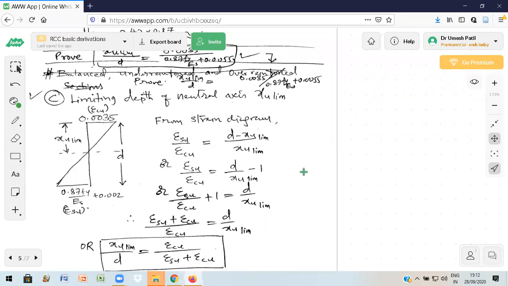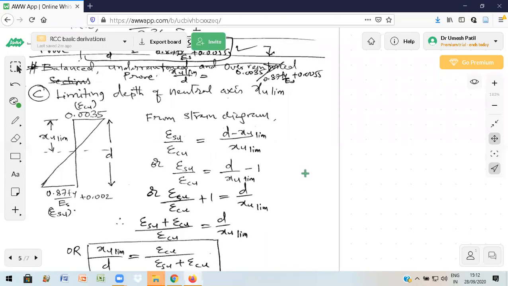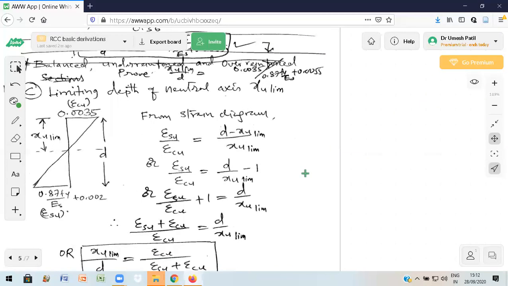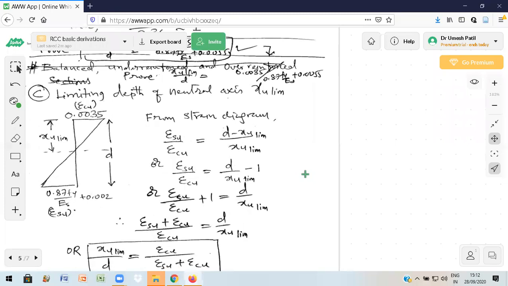It may so happen that if the steel rods are very less in number, steel will fail. If steel rods are more in number, concrete will fail. Sometimes there may be a possibility wherein both will fail at a time. So when both are failing at a time, I have to find out the depth of neutral axis.